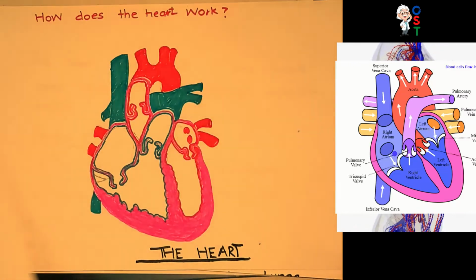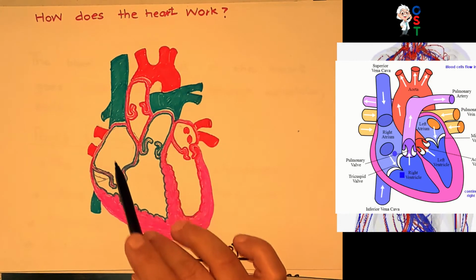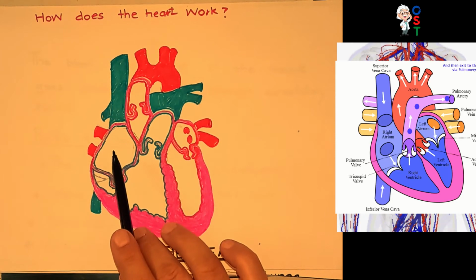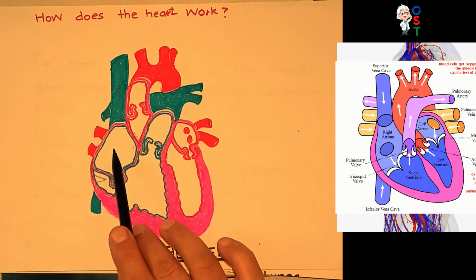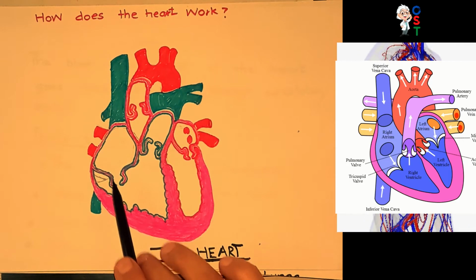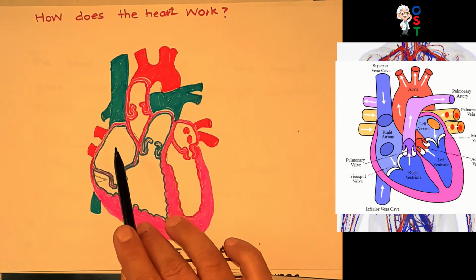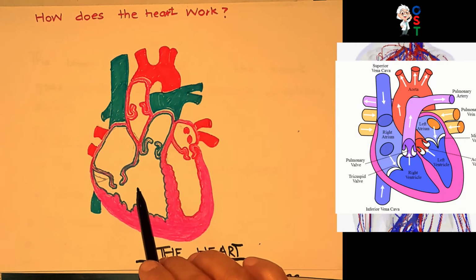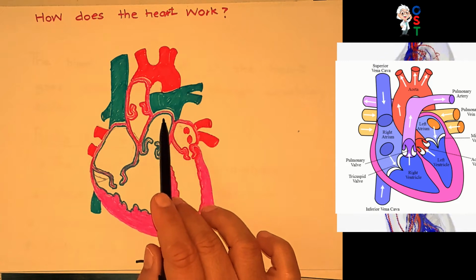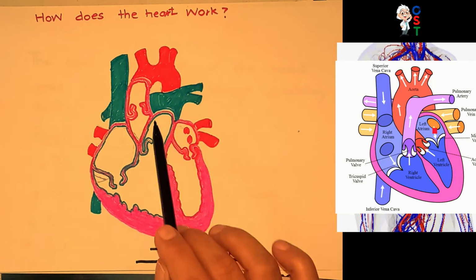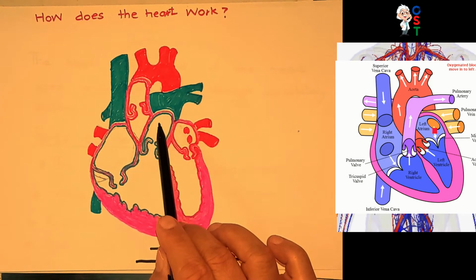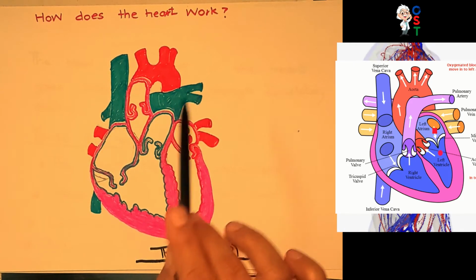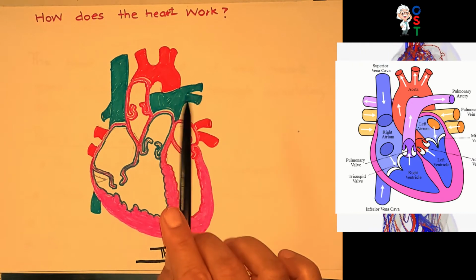Okay, I am repeating. This is the right atrium. Deoxygenated blood enters this chamber, and when this valve opens, blood goes from the right atrium to the right ventricle, then the right ventricle squeezes and blood goes to the pulmonary artery. The pulmonary artery takes blood from the heart to the lungs. Lungs have a lot of oxygen and mix this oxygen with blood.